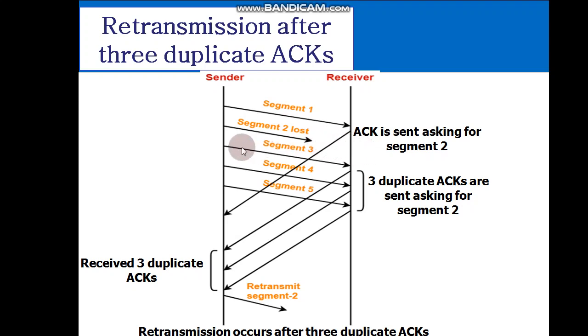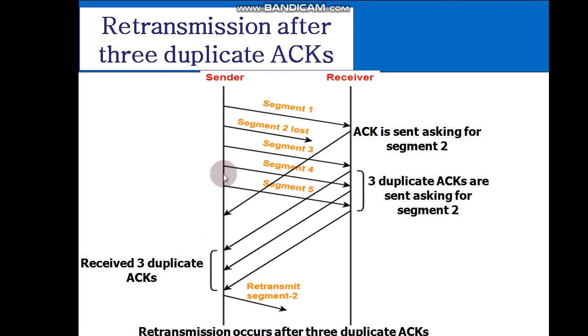Suppose the sender has sent segment 3, segment 4, segment 5. Once the receiver receives segment 3, it understands that segment 2 is not received and segment 3 has arrived earlier. So it will send an acknowledgement saying to the sender to send segment 2.